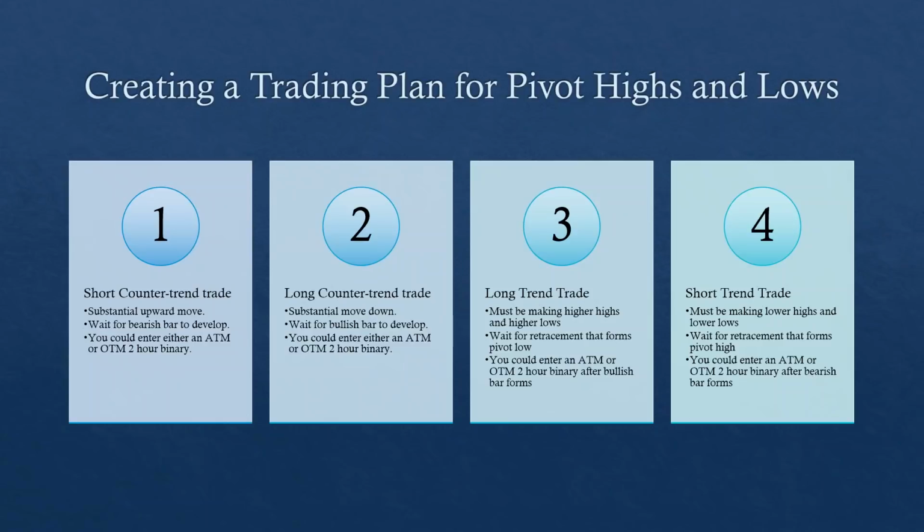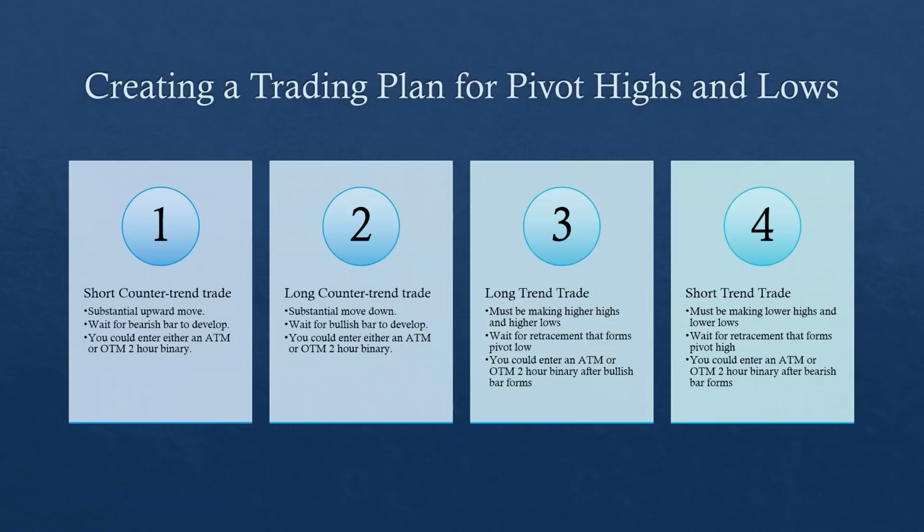Then you want to wait for the bearish bar to develop. And you can either enter an at the money or an out of the money 2-hour binary option. Okay, if you're a long counter trend trader, you look for a substantial move down, you wait for a bullish bar to develop, and then you could enter an at the money or an out of the money 2-hour binary option.